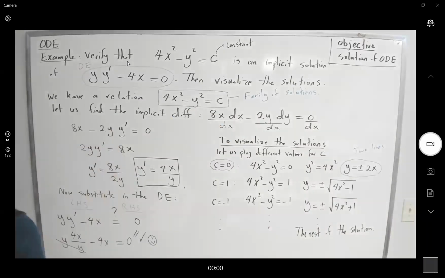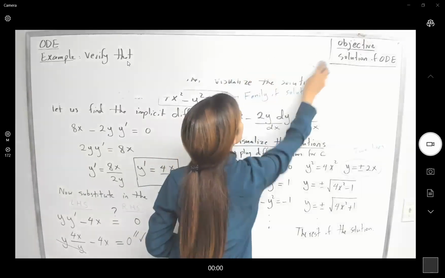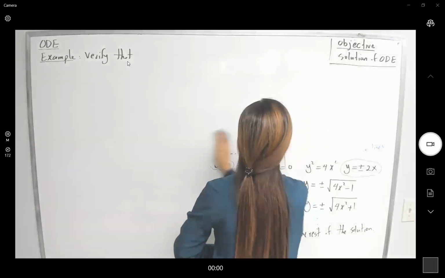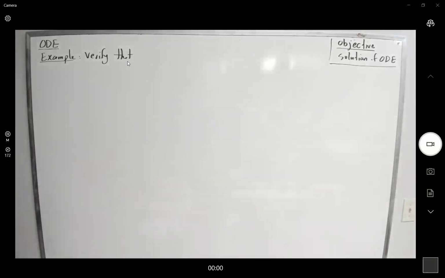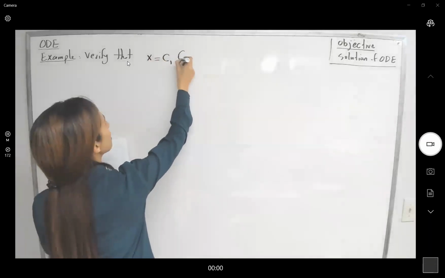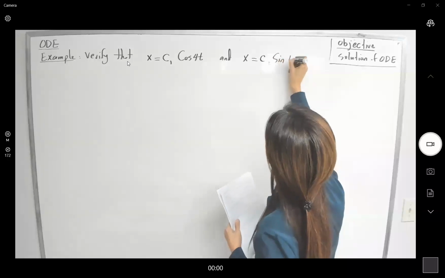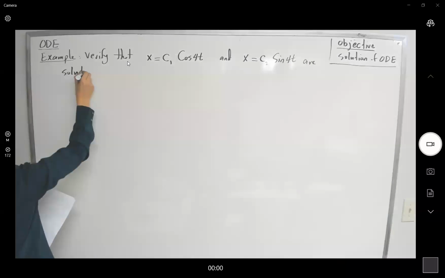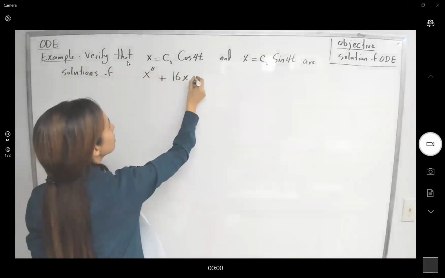Okay, let's look at another example. This example says, verify that x equals c sub 1 cosine 4t, and another function x equals c sub 2 sine of 4t are solutions of the differential equation, the second derivative of x plus 16x equals 0.